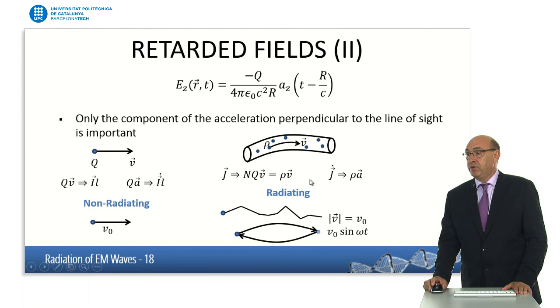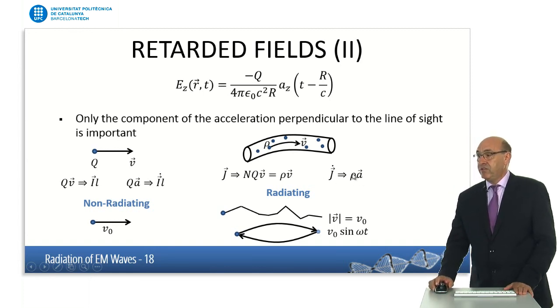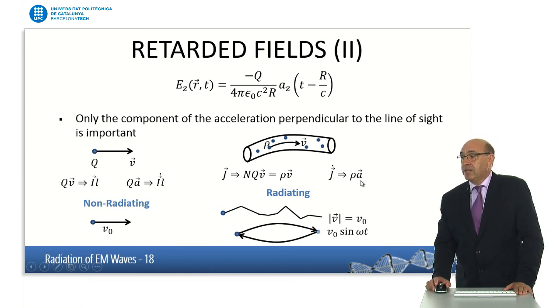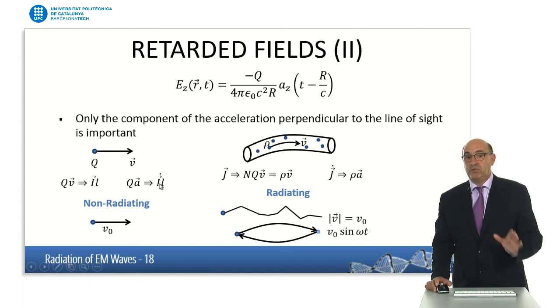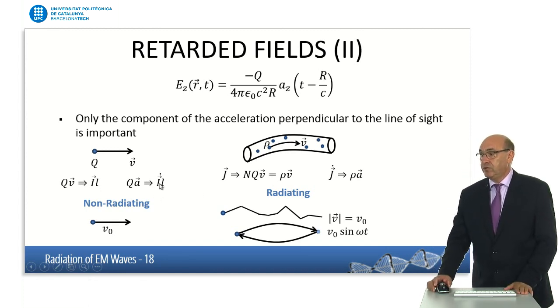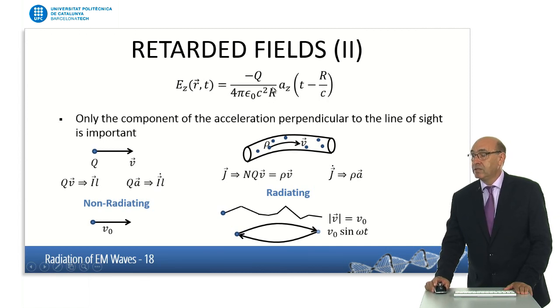If we take the time derivative, then this is proportional to the acceleration. So in general, the acceleration will immediately produce currents that change in time. And this is an important factor. In order to have this kind of fields, we need the charge to be subject to acceleration.